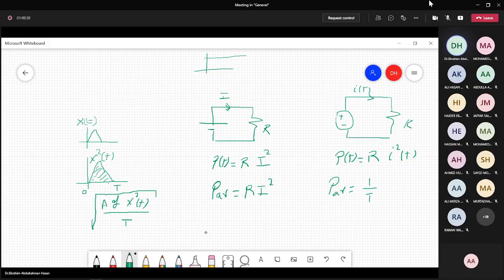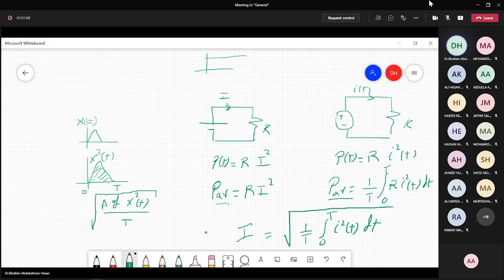So it is 1 over T, integration of R I squared t dt from 0 to T. We want to equate P average here to P average here, then R cancels with R because it's constant. So I is equal to 1 over T integration from 0 to T of I squared t dt under root. This current, we call the effective value.